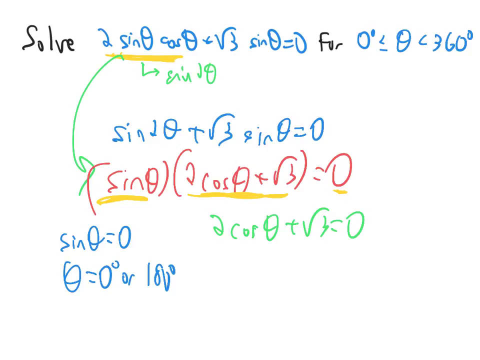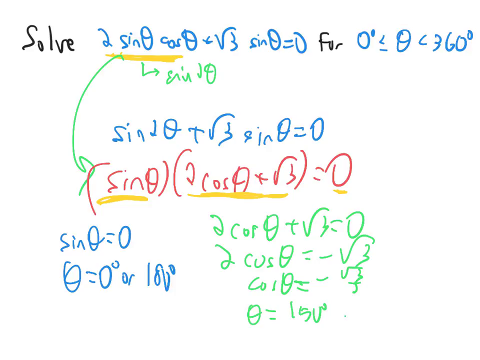And the other equation becomes 2 cosine theta equals minus root 3, or cosine theta equals minus root 3 over 2, which is solved by theta equal to either 150 degrees or 210 degrees.